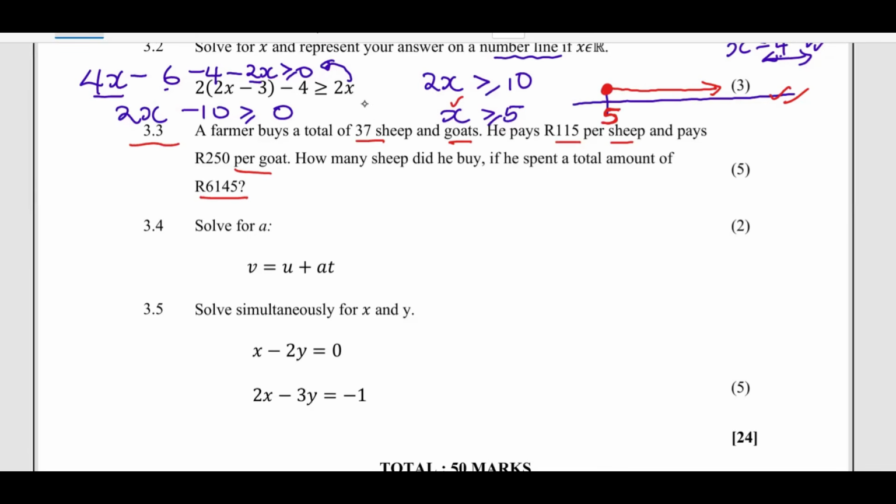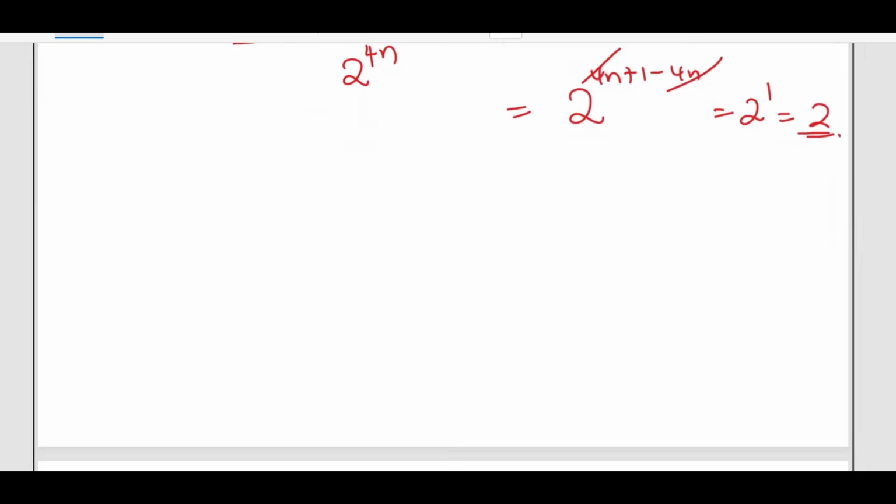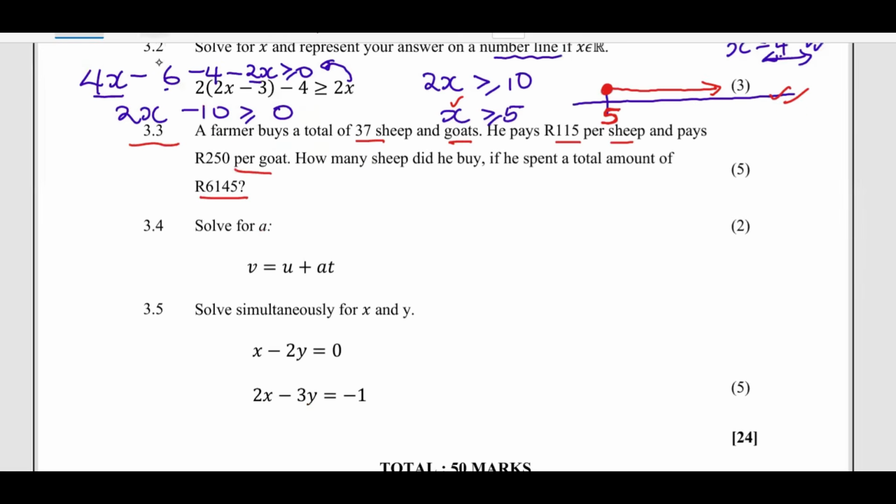He bought a total of 37 sheep and goats. So meaning that we don't know how many goats there are, and we don't know how many sheep there will be. So I'll let X be the goats, because X is always lost. You have to find it. And then let Y be the sheep.